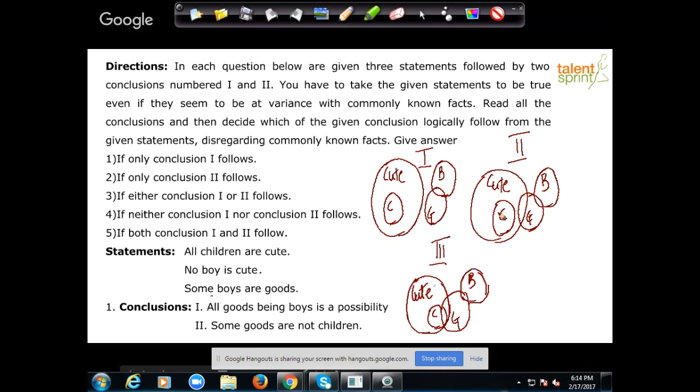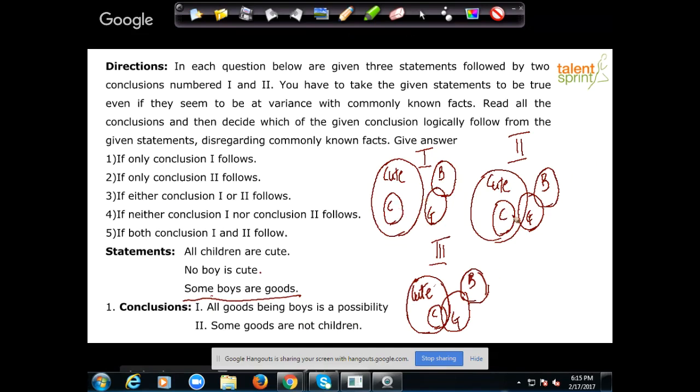Now, the most interesting and the catchy part of this question, some boys are goods. Now, if you look at possibility 1, we are not sure whether those boys who are goods will overlap with cute or children or not. So here we have expressed the possibility where these boys who are also goods will not overlap with cute and children.